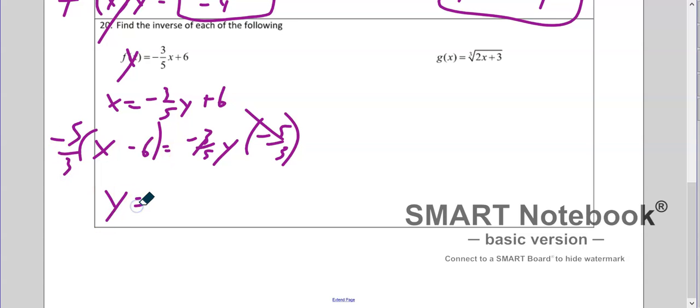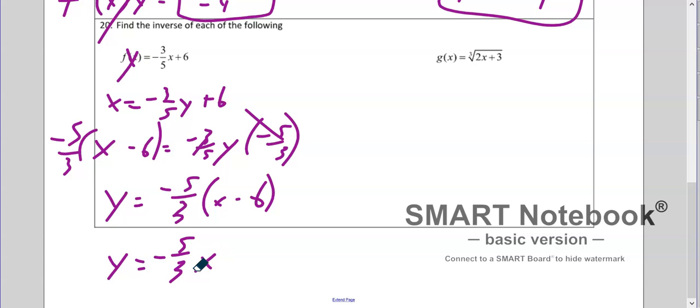So y equals, and you can leave it like this, negative 5/3 x minus 6. You do not have to distribute. If you want to, that's going to be plus, negative times a negative. 3 goes into 6 2 times, 5 is 10. Either one of those is fine.